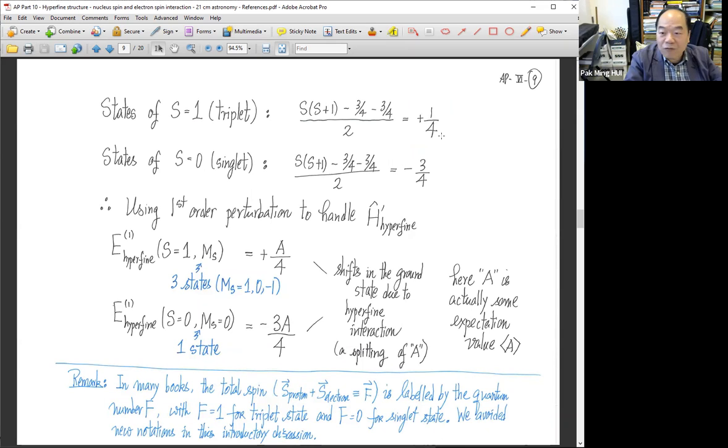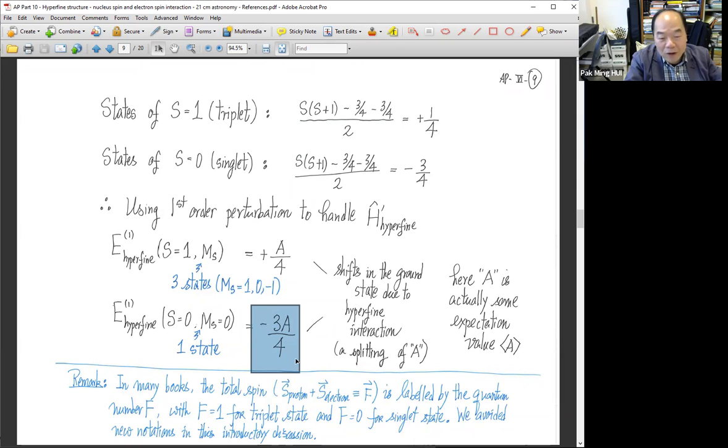Okay, and for the singlet, this is 0. This will take on minus 3/4. Meaning, depending on singlet or triplet, the energy will be A over 4 or minus 3A over 4.